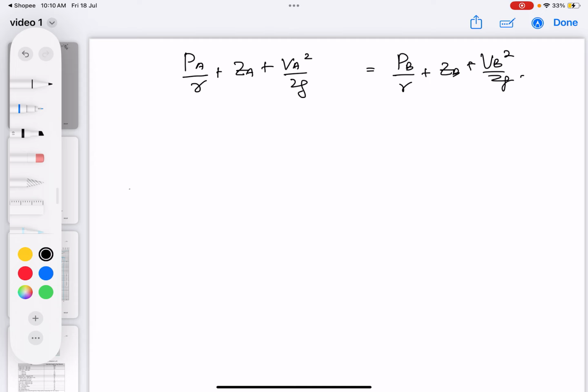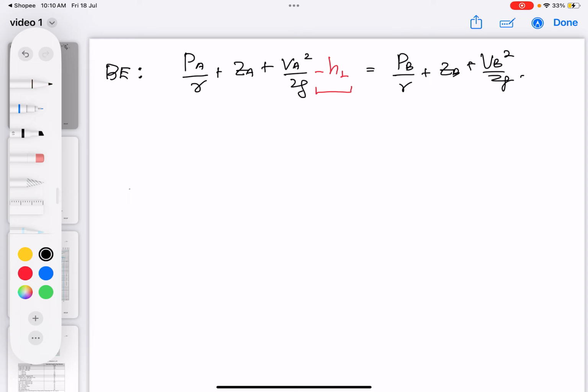And again, as I said before, this Bernoulli's equation made a lot of assumptions. One of them was that there are no energy losses due to friction. Therefore, in chapter number 6, we do consider the energy losses due to friction.